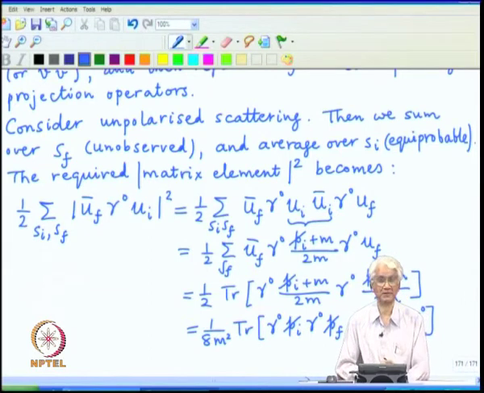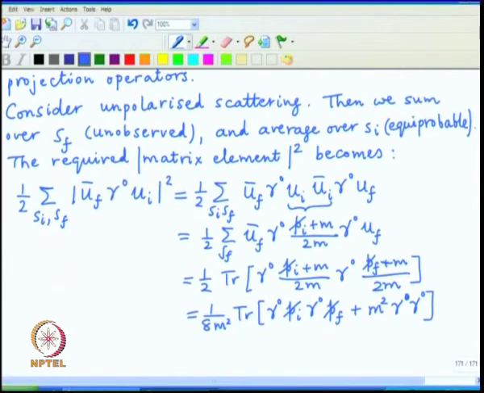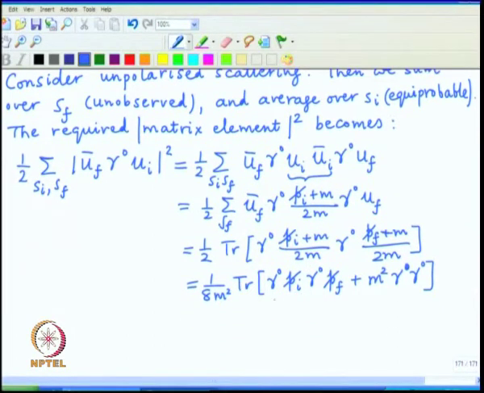And that is it. So, this is the first step, and now we can use the recursion relation to reduce the trace of 4 gamma matrices to terms which have trace of 2 gamma matrices, well, that is also kind of straightforward.